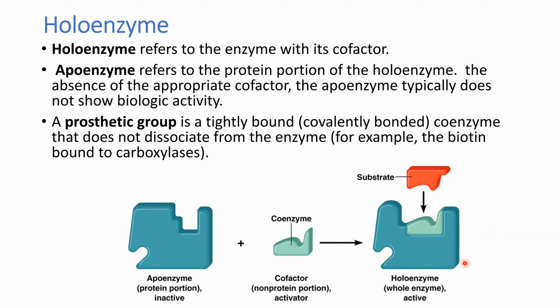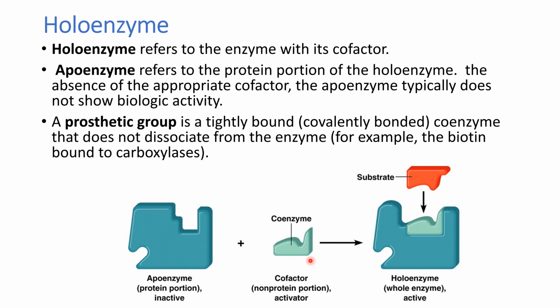It means that an enzyme without coenzyme or the cofactor is not functional, it is hollow, right? So this is the holoenzyme, and apoenzyme is the term which we use for the protein portion of that holoenzyme.